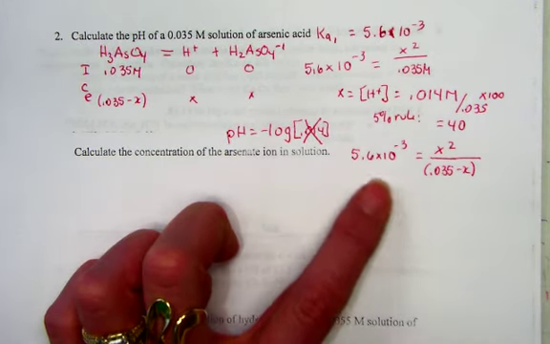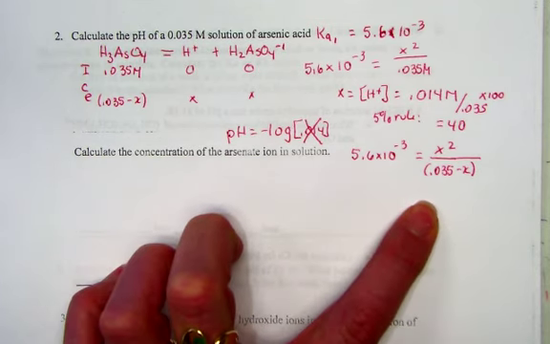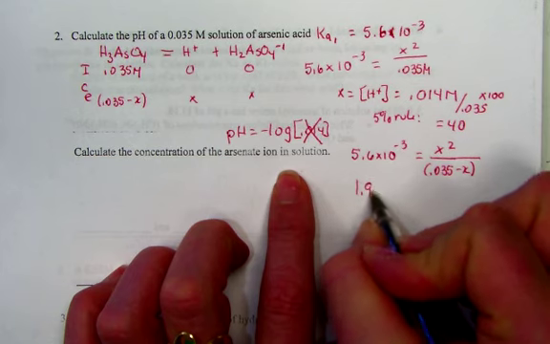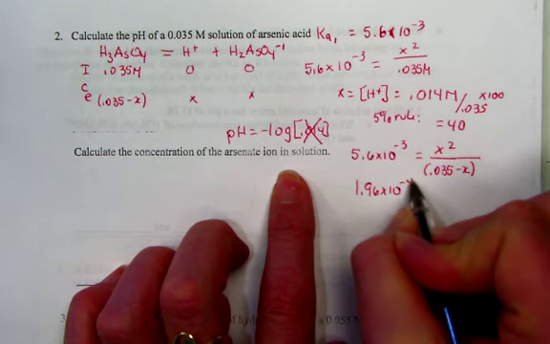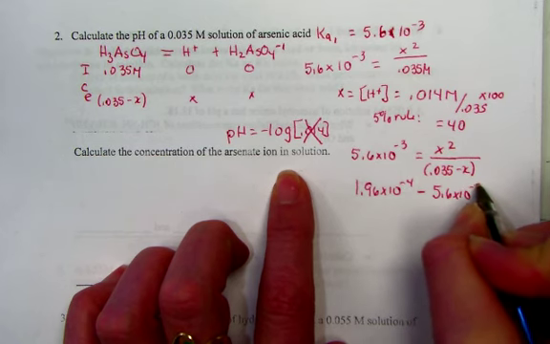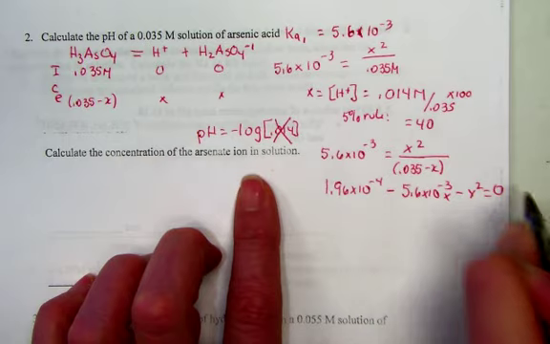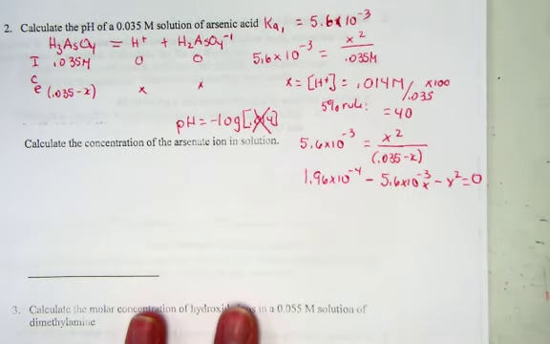All right, so let's cross multiply. 5.6 E -3 times 0.035 gives me a value of 1.96 times 10 to the -4 minus 5.6 times 10 to the -3 X minus X squared, which puts my equation into the quadratic formula.